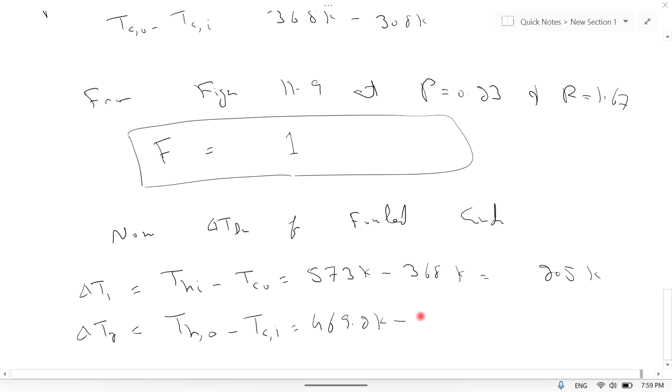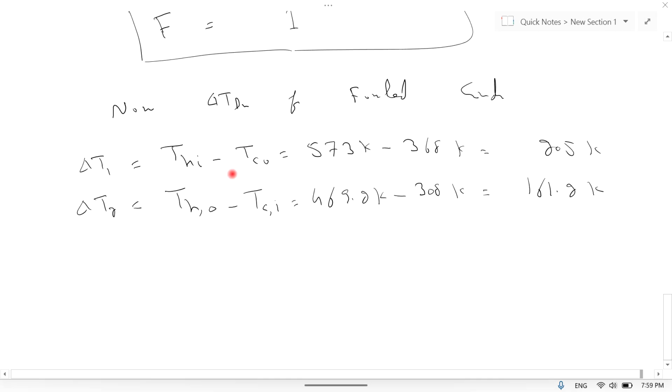469.2 Kelvin minus 308 Kelvin, which is equal to 161.2 Kelvin. So the log mean temperature difference for counterflow is equal to del T1 minus del T2 divided by natural log of del T1 divided by del T2. This is not for fouling condition.